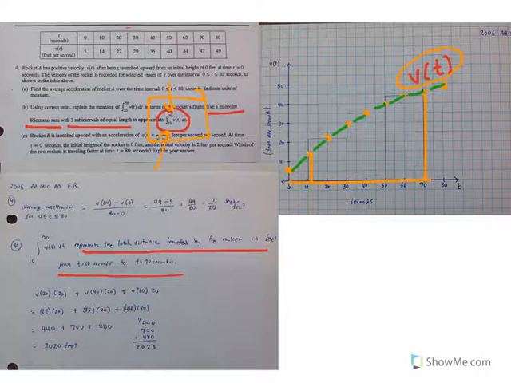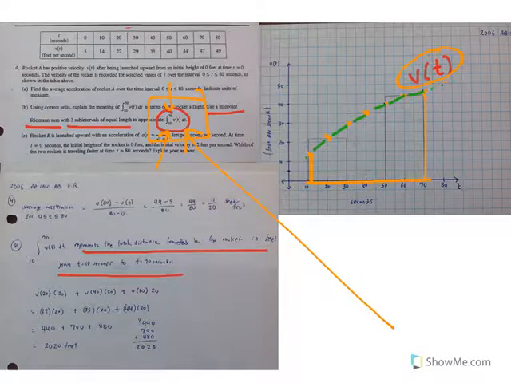So the exact value of this definite integral is the area that's under the velocity curve. But we don't really have a rule for the velocity curve, so we can't really find the exact area. But what we can do is we can go ahead and approximate this area.